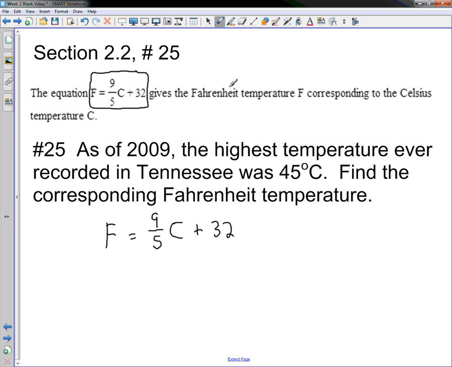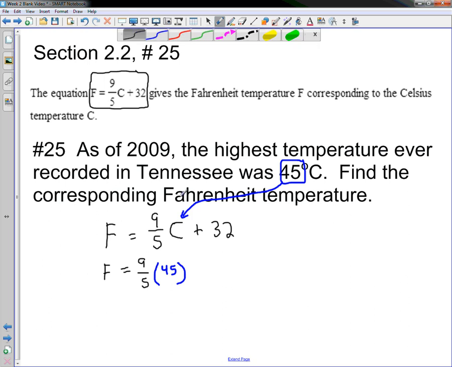So what that's telling me is if I know the Celsius, I can go ahead and plug that in for C. Once I simplify this, it will tell me what F is, which is the Fahrenheit, which is what we're looking for. So we have F equals 9/5, instead of times C, we have it times 45, plus 32.